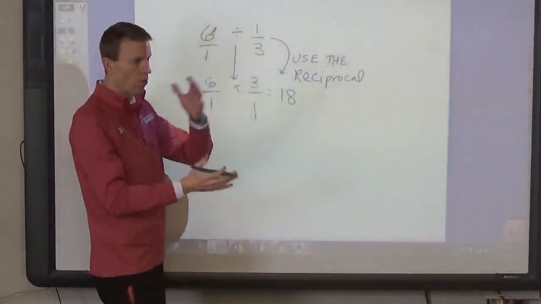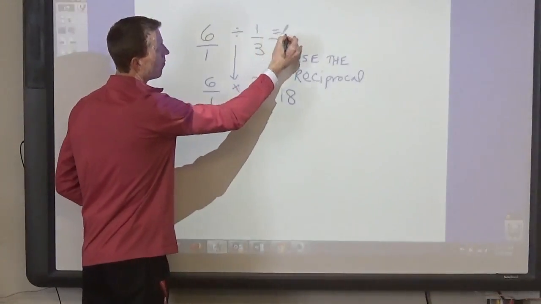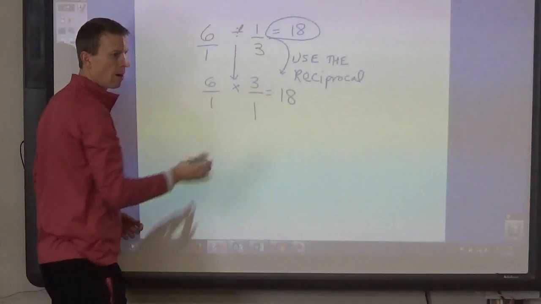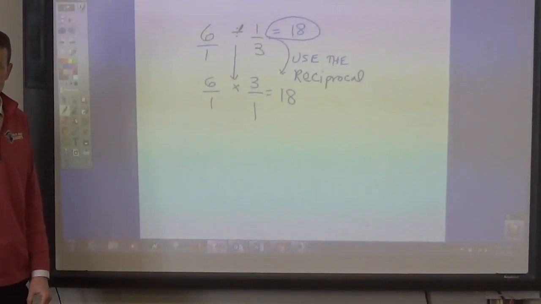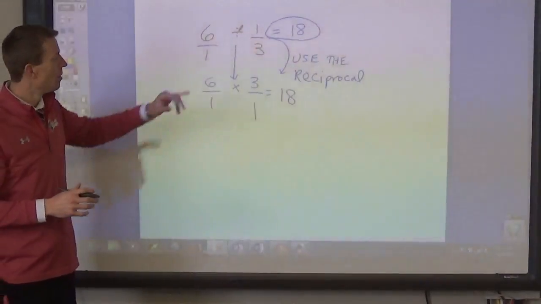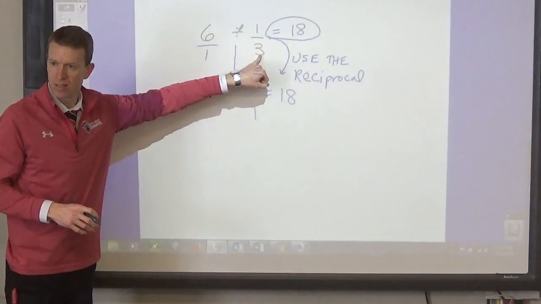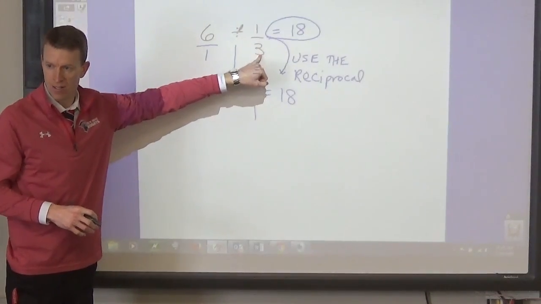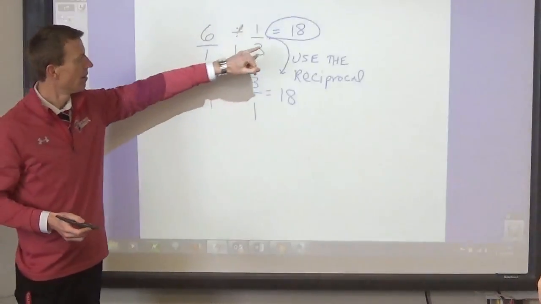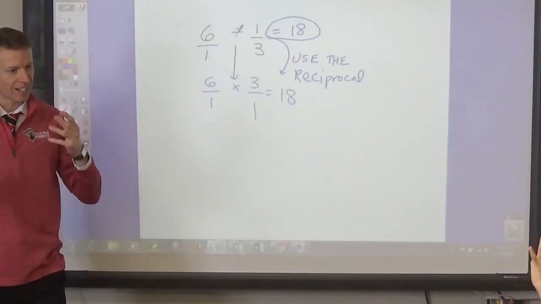You don't have to flip it over again at the end. That is how you find the answer. So the answer to 6 divided by 1/3 is 18. Now remember a couple days ago when I said dividing by 1/3 is like cutting it into 3 pieces? It's like dividing it into thirds. How many thirds is it? It's 18 thirds. Alright? Does that kind of make sense?